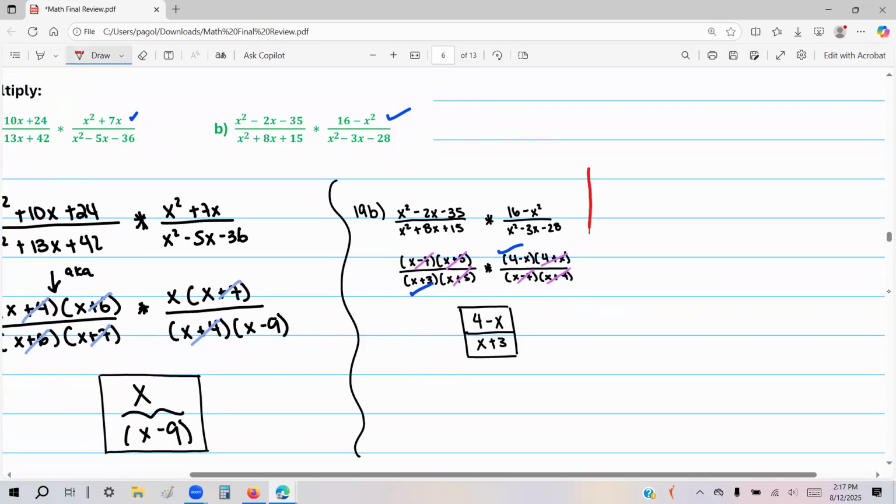Let's say we have one more question like this. You have x squared minus 25 divided by 5 minus x. Okay.